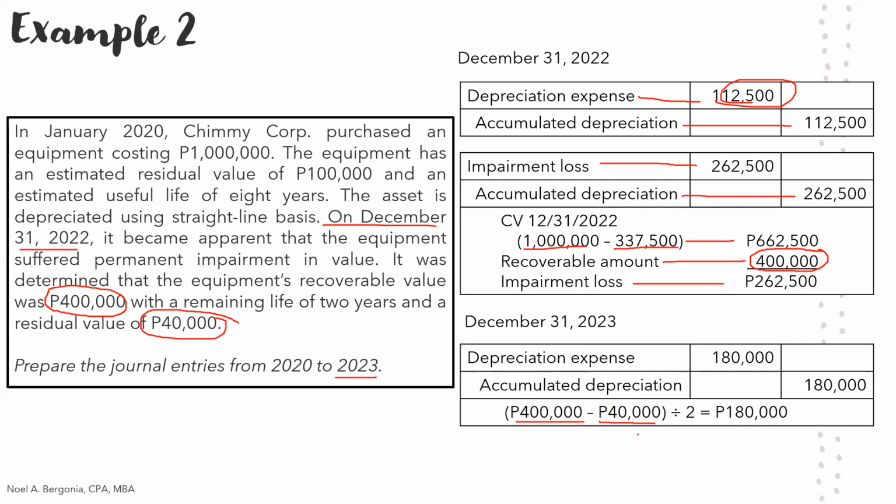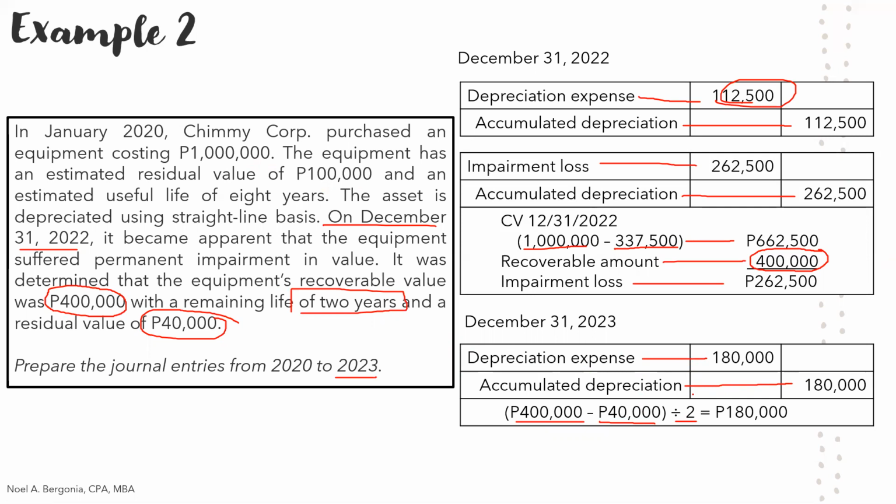So deducting it, the depreciable cost was 360,000. Remember, the remaining useful life was 2 years after the date of impairment. So divide by 2, and thus our depreciation expense would be 180,000. So we debit depreciation expense 180,000 and we credit accumulated depreciation 180,000.